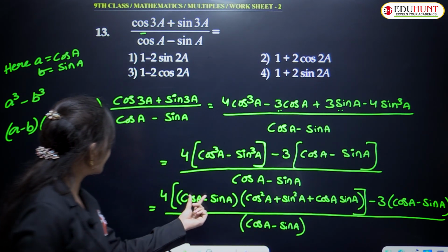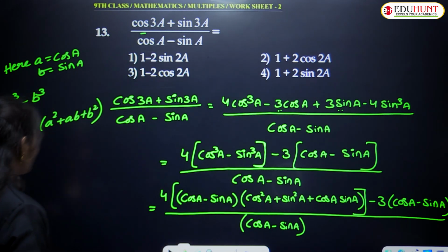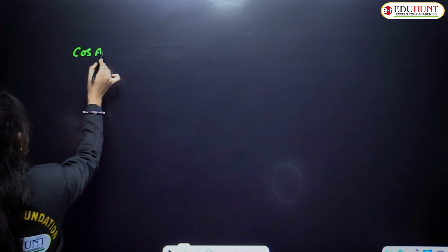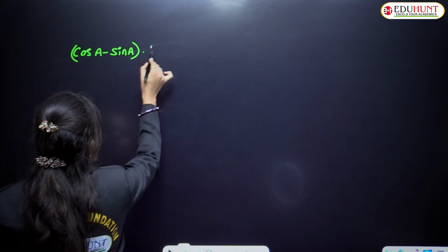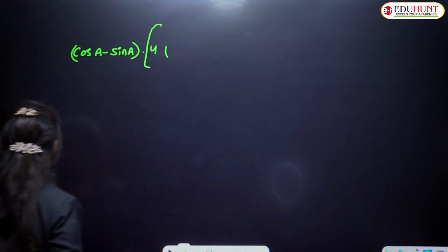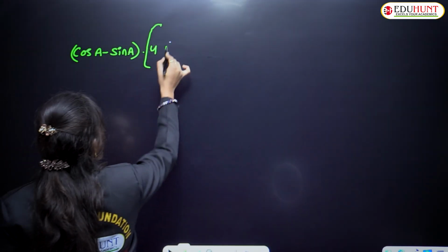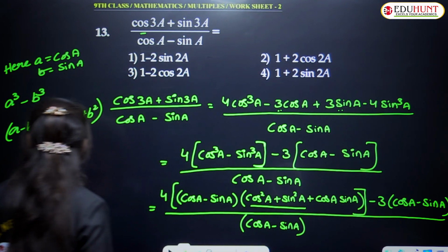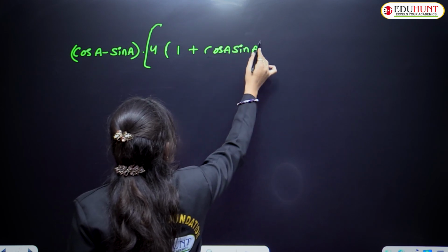Children, just observe that the cos a minus sin a term is there in both places, so I want to take that term as common. So cos a minus sin a into 4 into, here cos square a plus sin square a is equal to 1, so 1 plus cos a sin a.